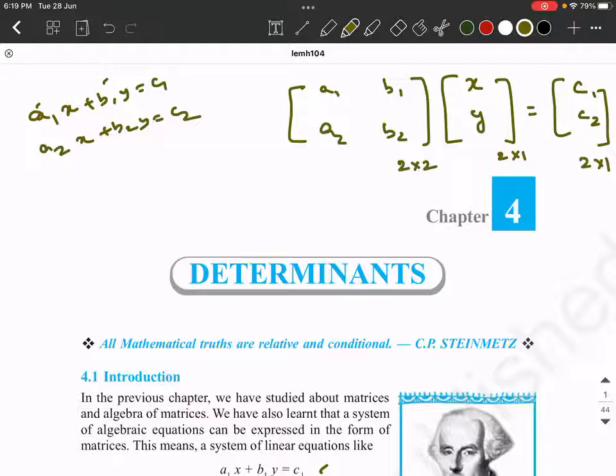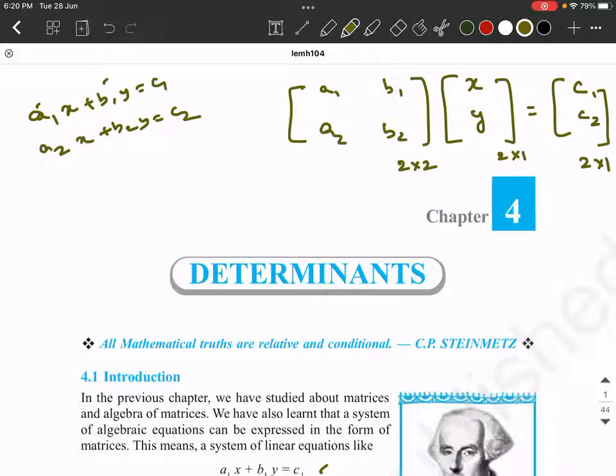The second matrix is always the column matrix of the variables, which will give you the constant matrix. When you do this, you can use a tool called determinant to find the value of x, y, z, or however many variables you have. So clear? That is the reason why determinants were even invented. I'm not saying invented again, I'm saying it's an observation. For observation, you got some output, and that's what we are reading.